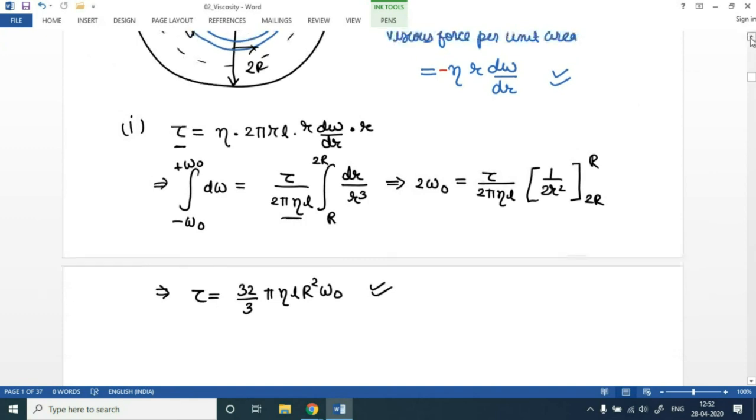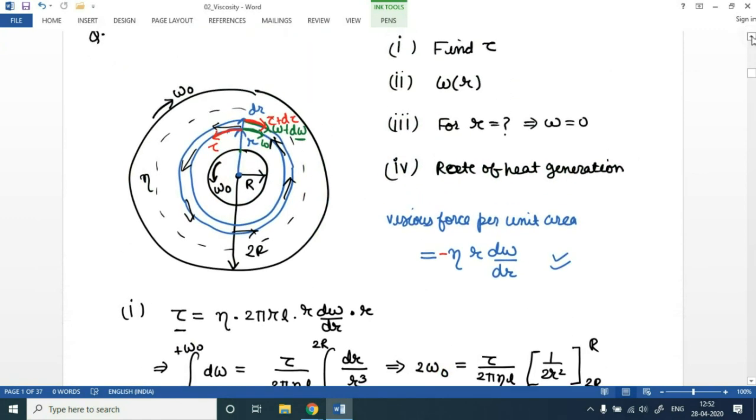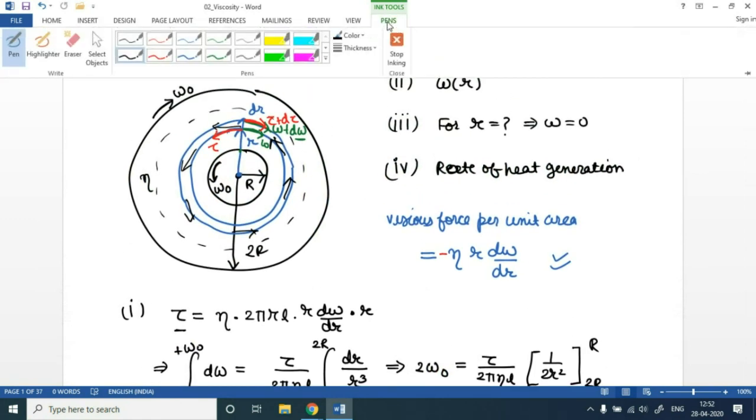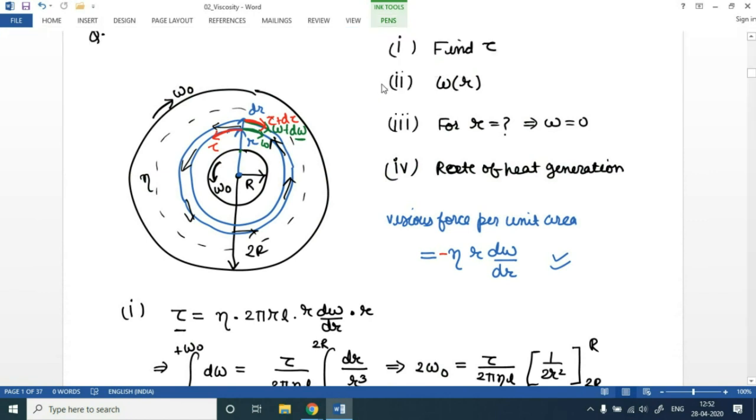And I hope you understand. Let me use some different color pen on this diagram here only. Say this color. So you understand, if we think of a layer adjacent to the inner cylinder over here, the cylinder will be exerting a torque in this direction, so the liquid layer will be exerting torque in this direction.